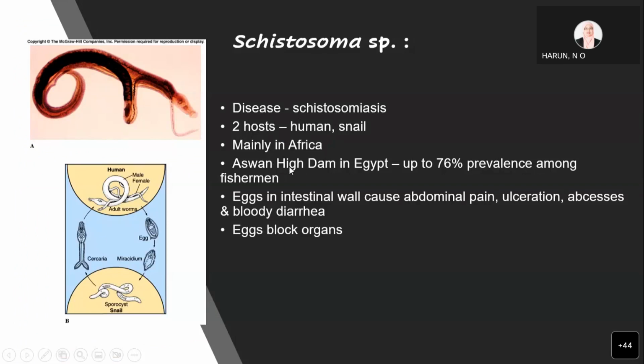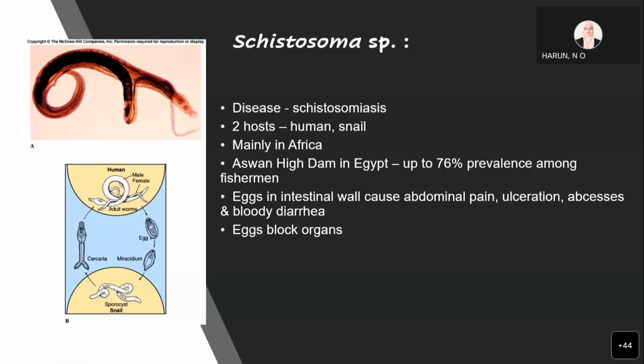It mainly happens, or is reported, in Africa, especially the Aswan High Dam in Egypt, with 70% prevalence among the fishermen; the occurrence is about 76%. Eggs in the intestinal wall cause abdominal pain, ulceration, abscesses and also bloody diarrhea. The eggs will block any organs once they enter the body.